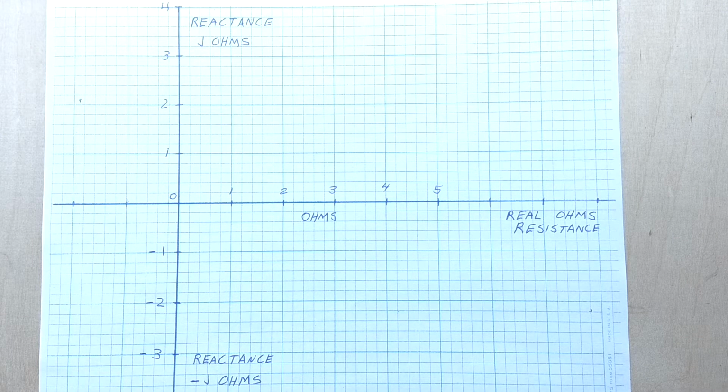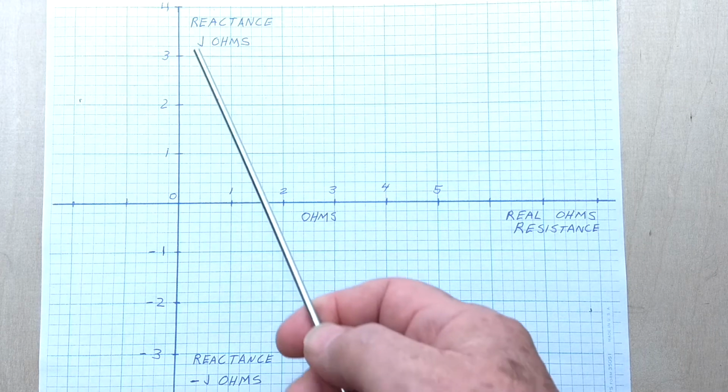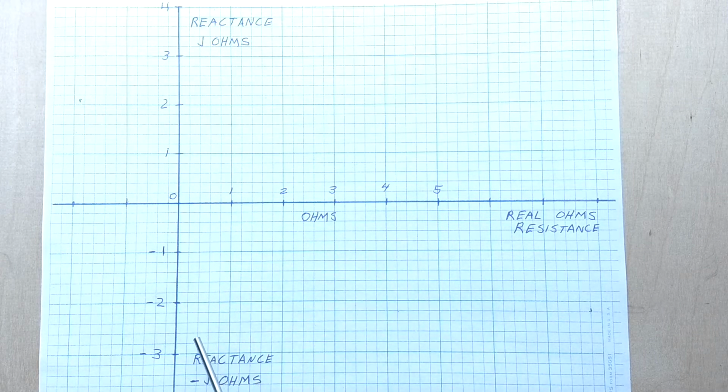In mathematics, this is called the complex plane. The horizontal axis is called the real axis. The vertical axis is called the imaginary axis. In our application, we are going to plot ohms on the complex plane.